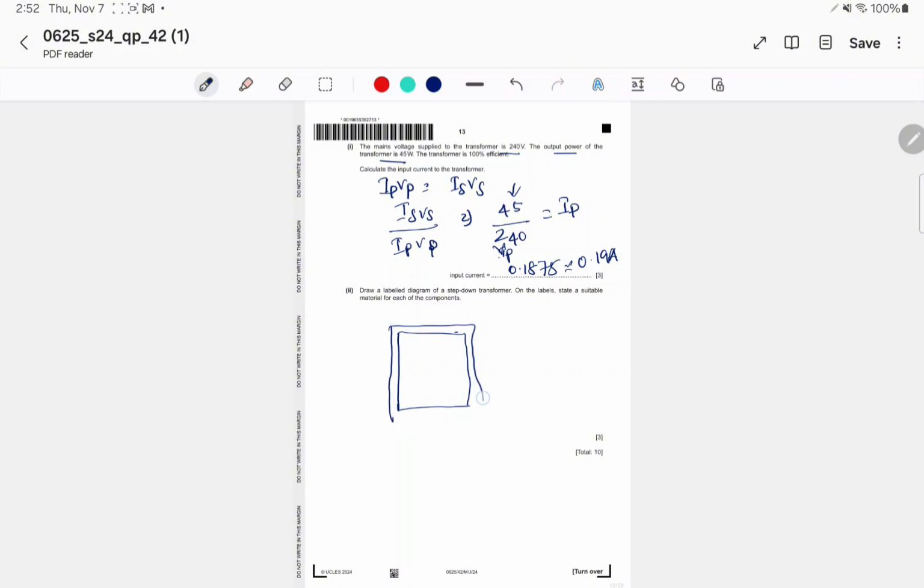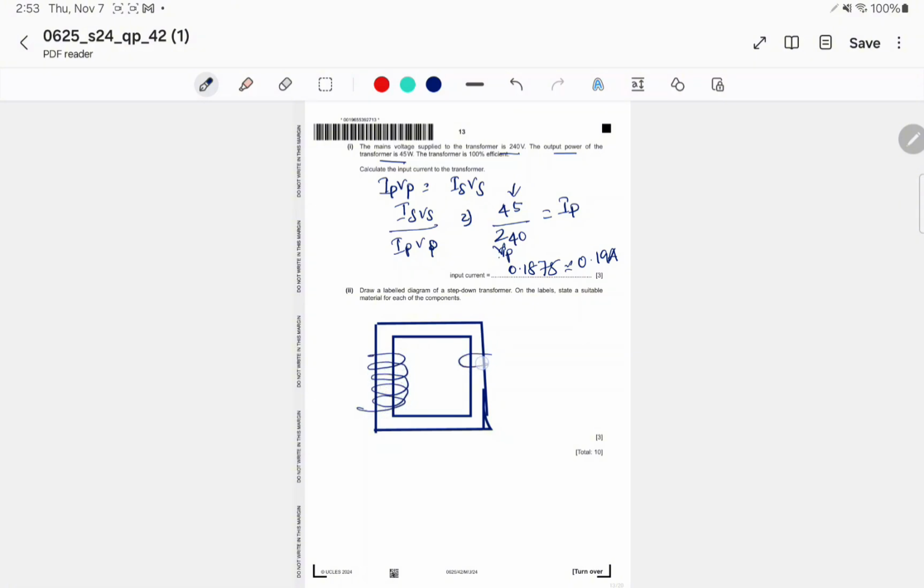On this side we write the number of turns.